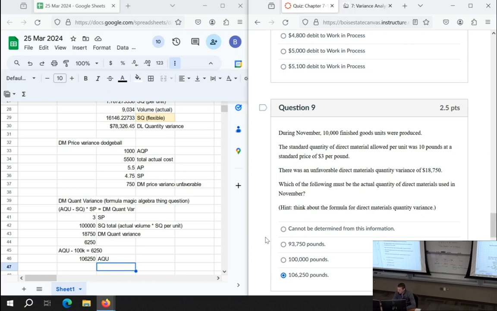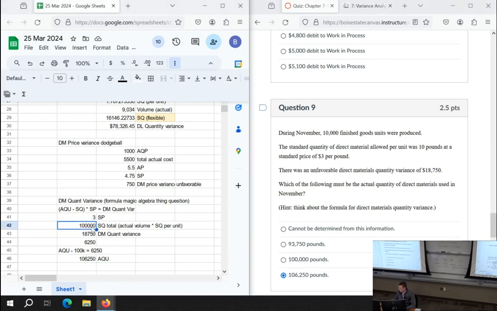We can do a little gut check, just real quick. That is definitely unfavorable. We used way more pounds than we would expect. Given 10 pounds per unit and 10,000 units produced, we would have expected 100,000 pounds of direct materials to be used. We used more than that. Some is falling off the truck. Maybe some workers are inefficient with it.